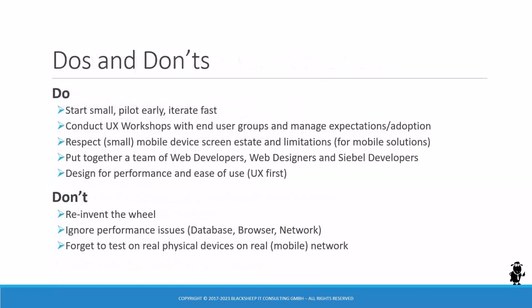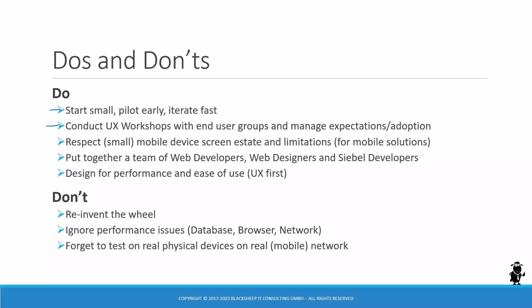Okay, so we have reached the stage where we talk about the do's and don'ts in your Open UI and UX project. Of course, no-brainers, and you would agree to everything, I guess. Start small, pilot early, iterate fast. That, of course, means you go agile and you focus on the most important things first, and you don't accept any scope creep.